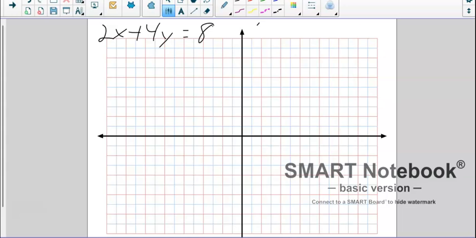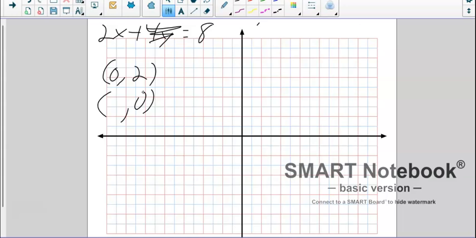Okay, so I'm going to do the cover-up method. I'm going to plug in a 0 for x and find out what I get for y. Well, 4y equals 8, divide by 4, I have 2. Do the cover-up method this way, which means I'm going to plug in a 0 for my y.